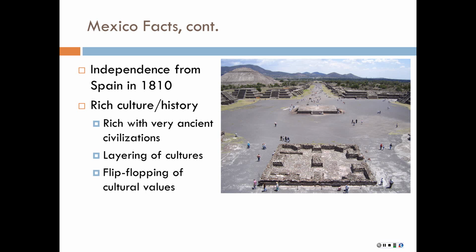Today that's changed. Indigenous heritage in Mexico has become something that's somewhat celebrated. Same thing with wealth. Mexico has a pretty interesting set of cultural values which can sometimes be confusing.